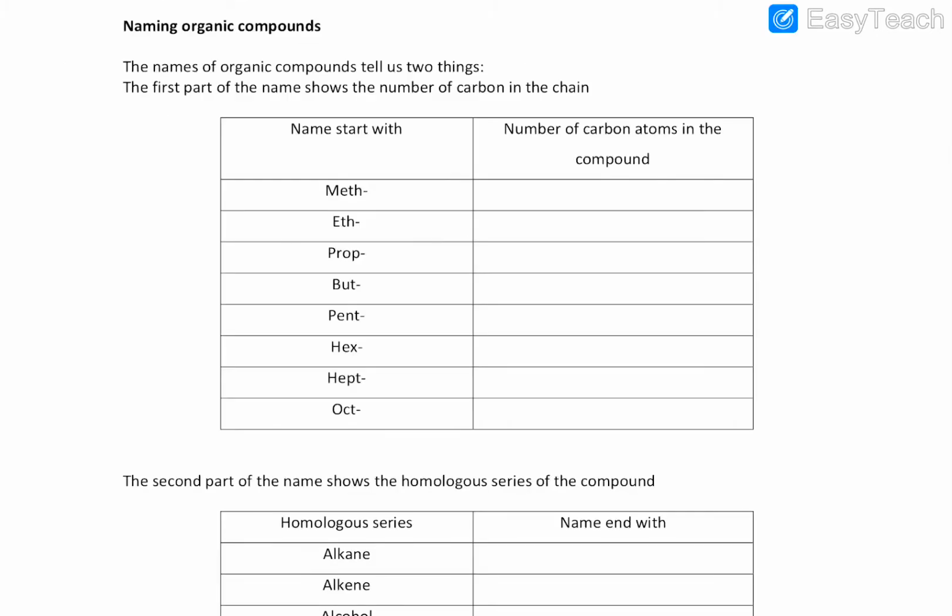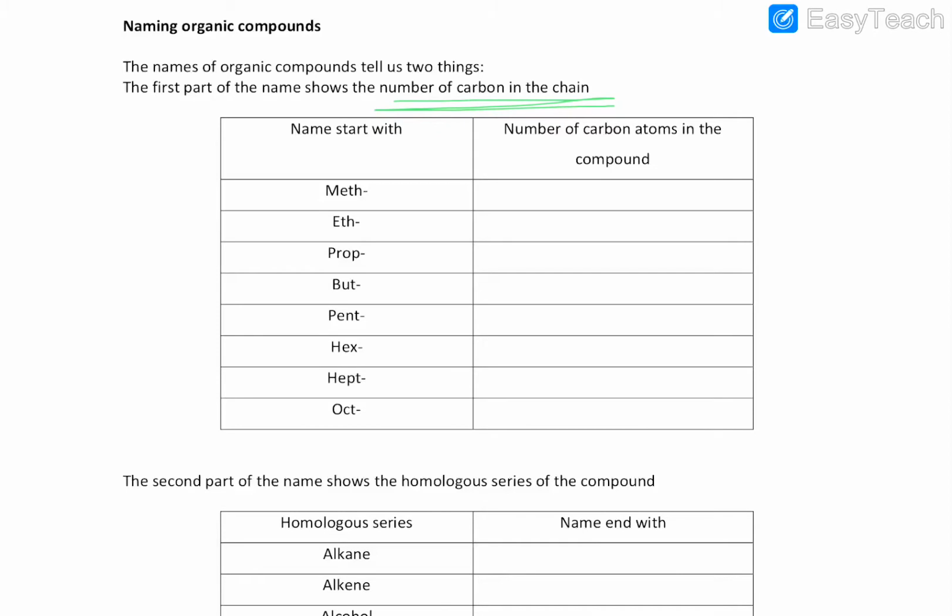Now let's see naming of organic compounds. The name of organic compounds tells us two things. The first part of the name is going to tell us how many carbons there are in the chain.